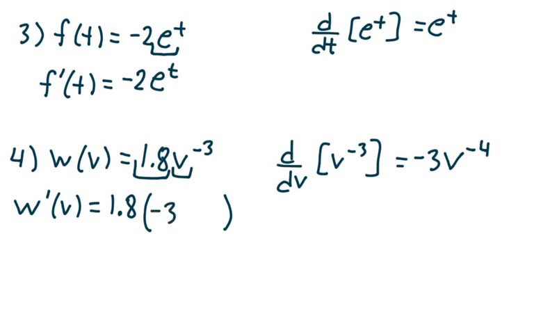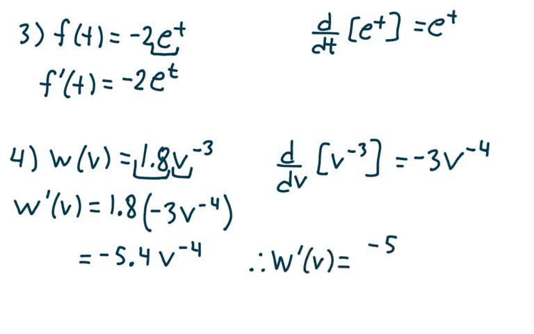Well, that's negative 3v to the negative 4. But negative 3 times 1.8 is negative 5.4. So this is negative 5.4 v to the negative 4. Therefore, w prime of v is negative 5.4 divided by v to the 4th if we get rid of our negative exponents. And that's example 4.